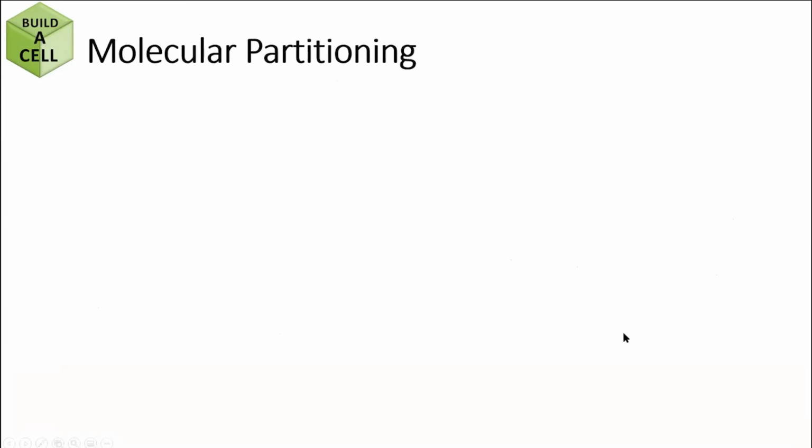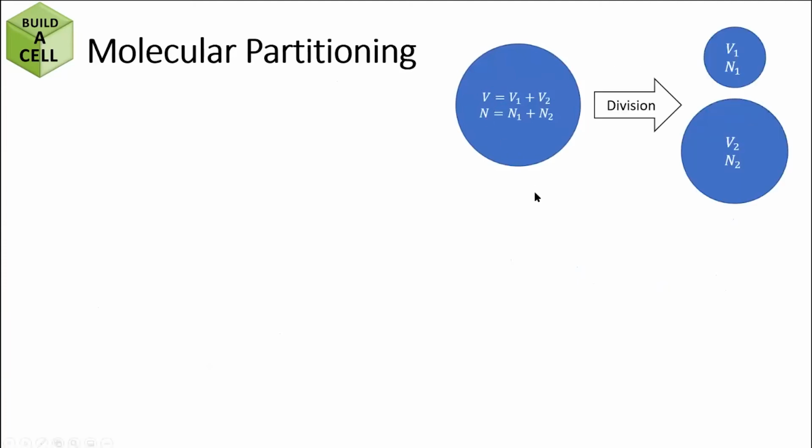And it occurs a lot in biology because you have encapsulation. So you might imagine I have some large volume here with volume V and a number of molecules N in it, and it becomes 2 smaller volumes, maybe via cell division or some sort of vesicle formation or budding process. And the smaller volumes have a volume of V1 and V2 with N1 and N2 molecules in them.